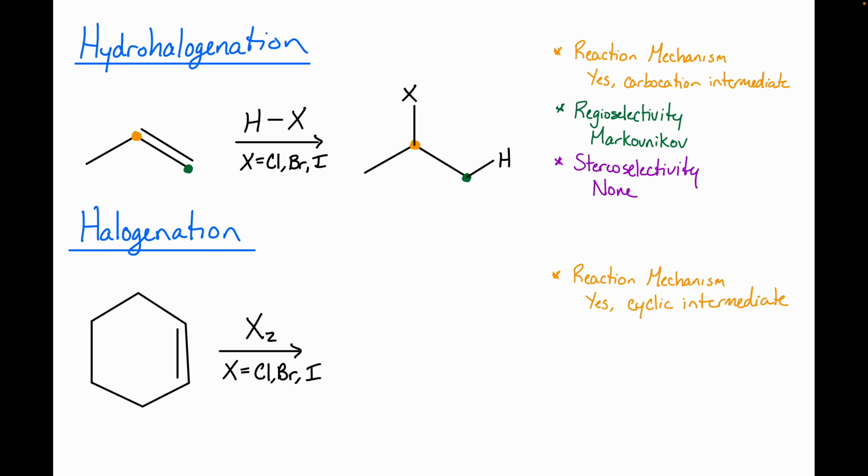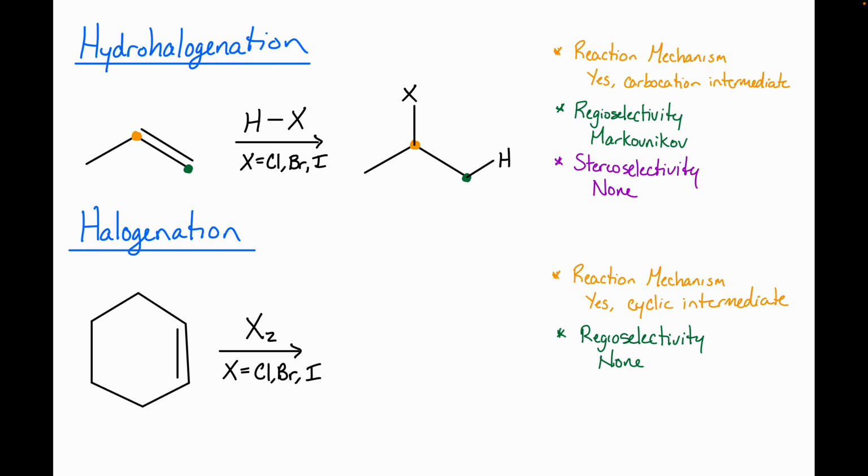Before we talk about why that is, let's just remind ourselves, do we have any regioselectivity in this reaction? Do I have to be careful about which carbon I choose to make my new bond to, like I did in this one? No. Why not? Same bond, right? We're making the same bond on both carbons, so I don't have to be picky about which one goes where. So our regioselectivity here is none.